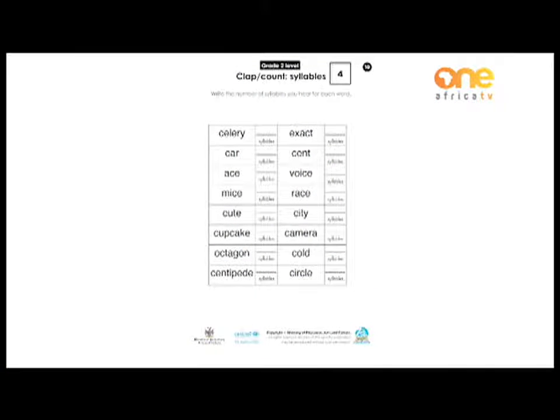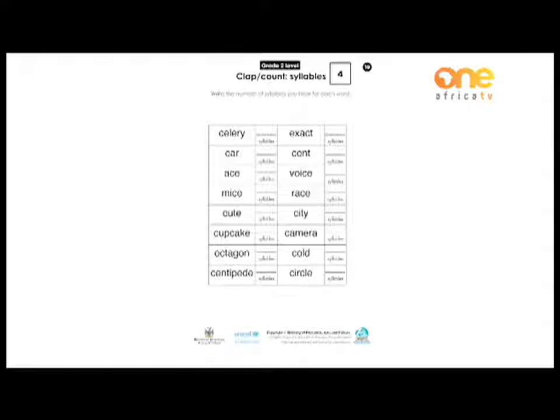Page 19. There you have a few of the words I would like for you to complete by clapping the words, but you only have to write for me the number of claps you are going to divide the words into. For example, we have done celery on the chalkboard. How about the one next to it?